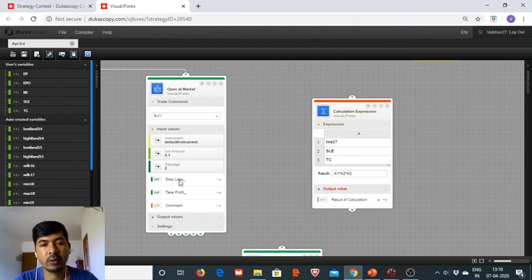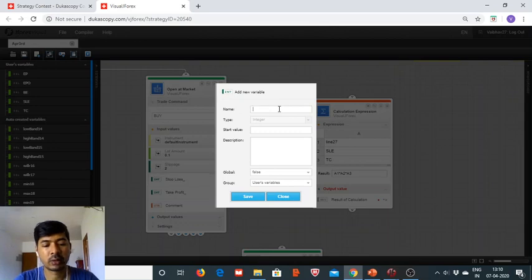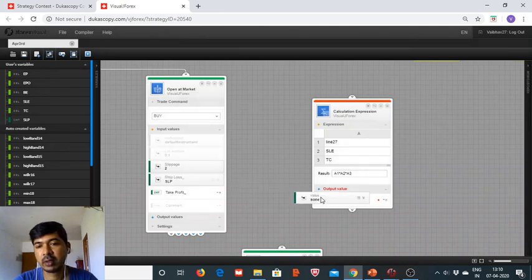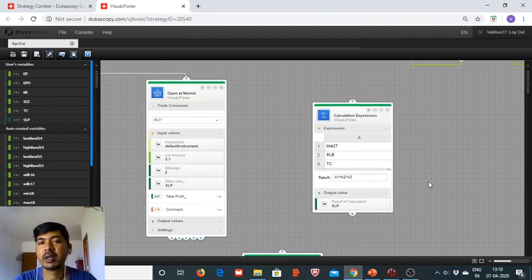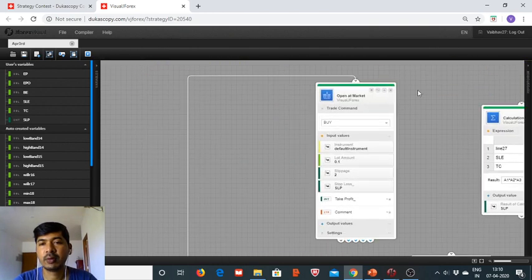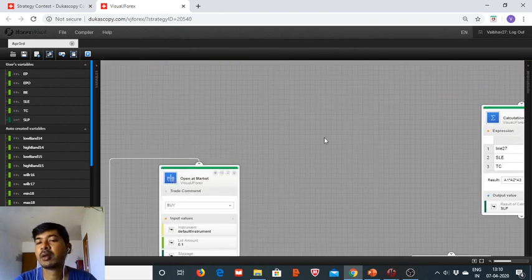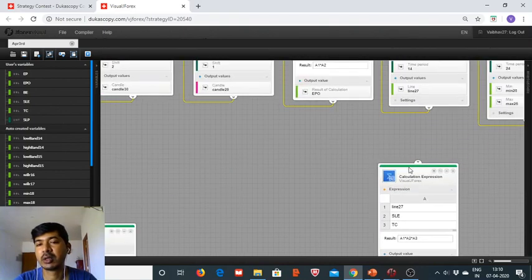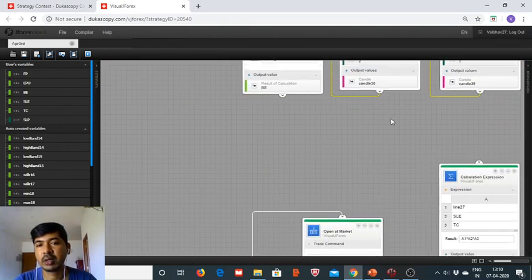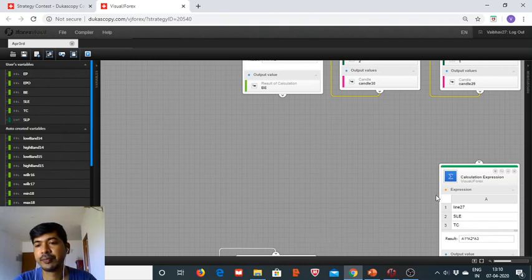So now we create stop loss price, SLP, and we haven't defined any start value. We simply have created this variable, and the value it will take is going to be defined here. So we have fulfilled the stop loss condition. Now we simply connect it here.